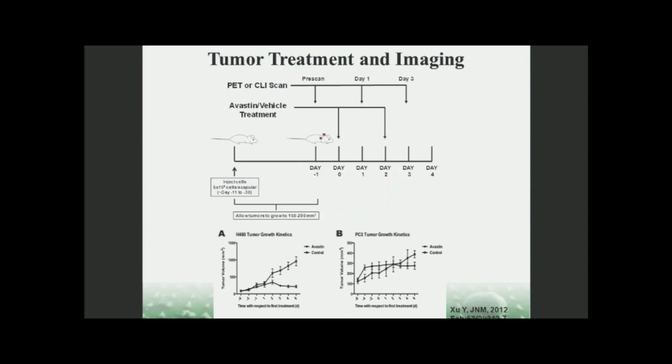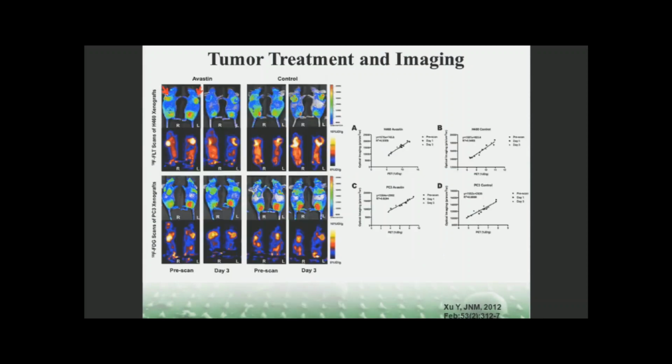Here we use two different tumor models, one is H460, another is PC3, and then we use afatinib to treat the tumor. After different days, we give the mice F18-FDG or F18-FLT for monitoring treatment efficacy. Here is the data.